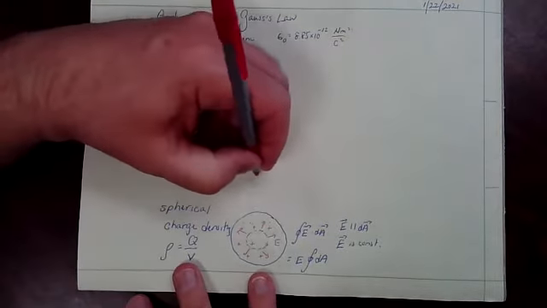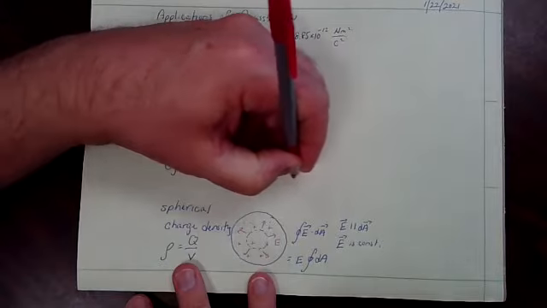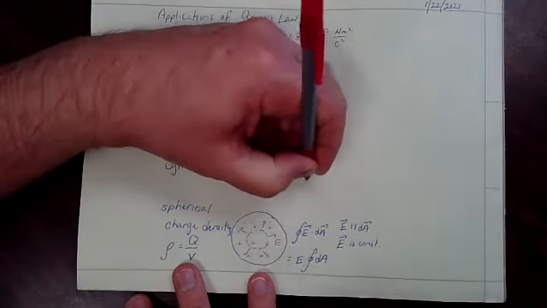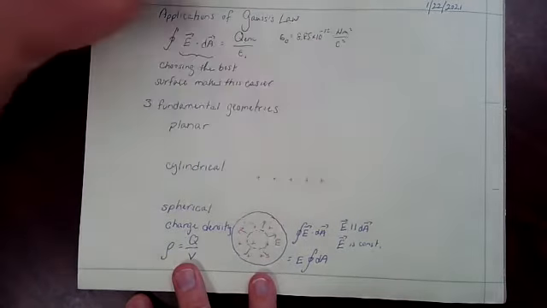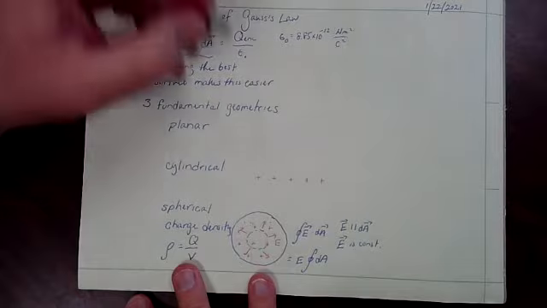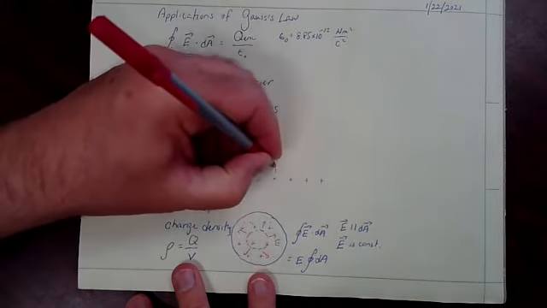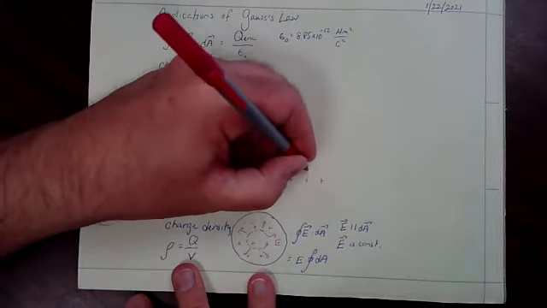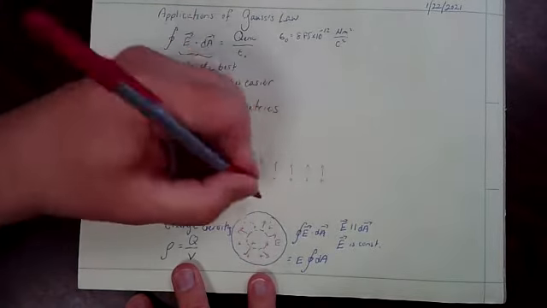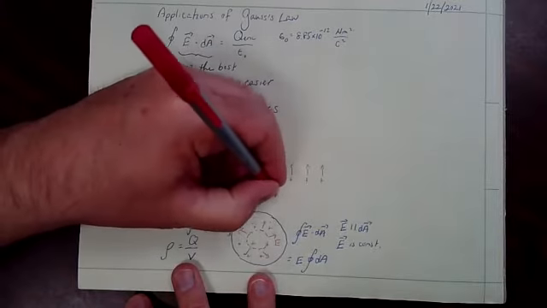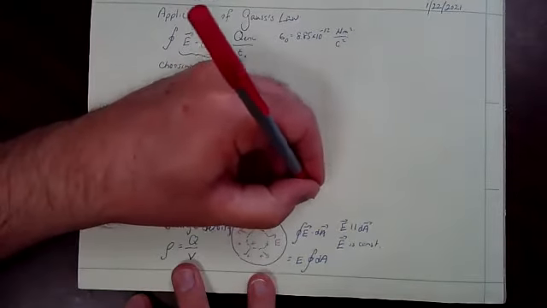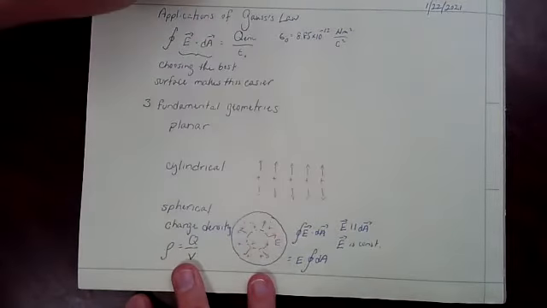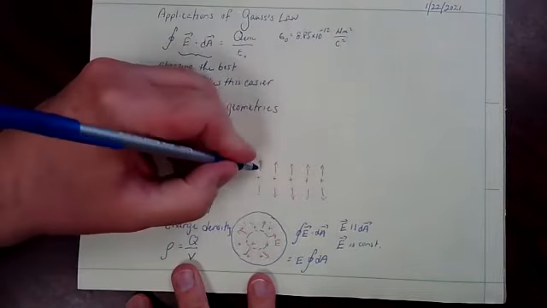Now, in the cylindrical situation, imagine that we have a line of charge. Then the electric field is going to be pointing outward. And again, we did an example like this where we had two lines of charge. Our Gaussian surface is going to be a cylinder.